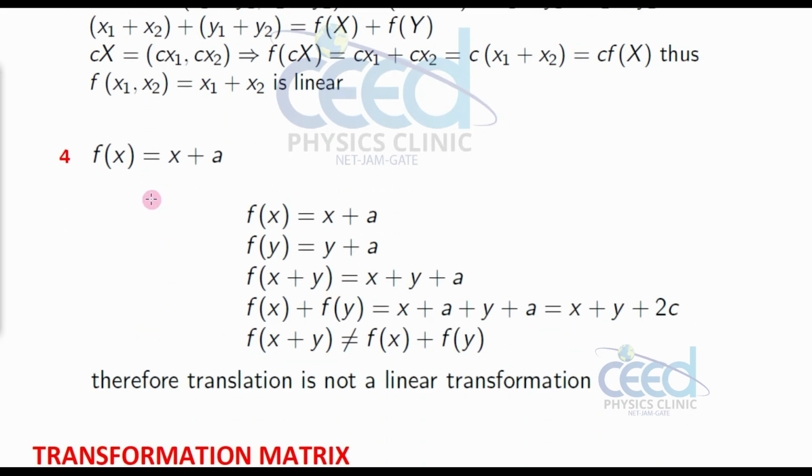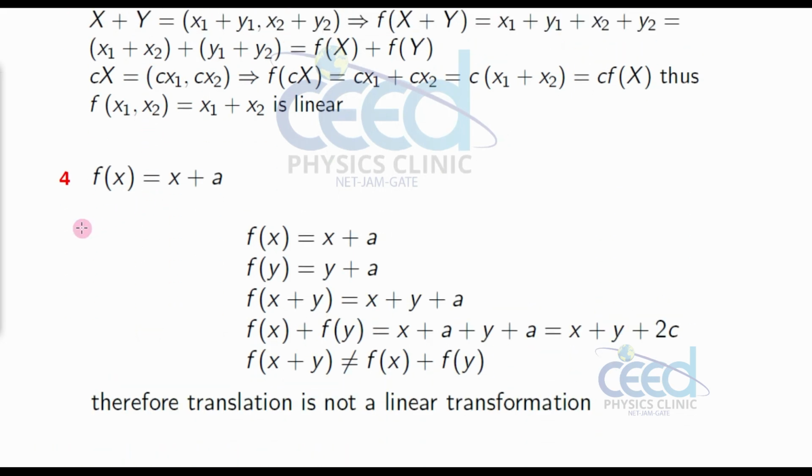Now let us do another example: f of x is equal to x plus a. So f of y is equal to y plus a. Then f of x plus y is x plus y plus a.